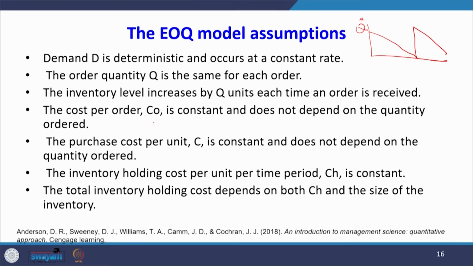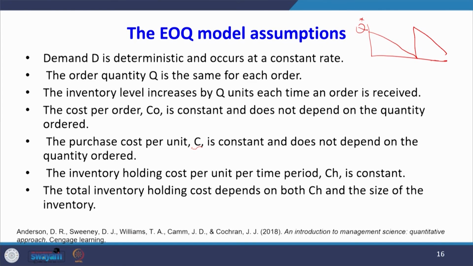The cost per order is constant and does not depend on the quantity ordered. The purchase cost per unit C is constant and does not depend on the quantity ordered, because in practice the demand cannot always be deterministic and the unit cost will not be the same, since when you order more there is a possibility of discount. If there is a discount, we can cover that kind of problem in coming lectures.